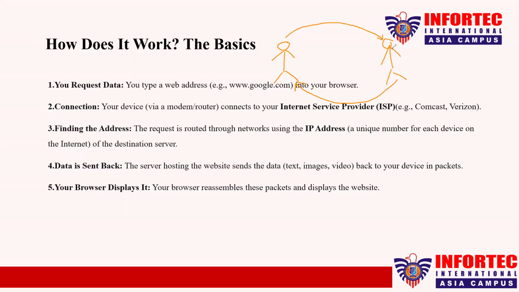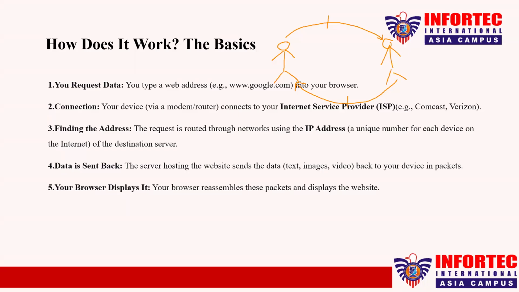So here you request some data. And this is what we call the connection. So in order to take something or give something, we should connect. And then to do this connection, I should find you. And then I will send data and I receive data back.